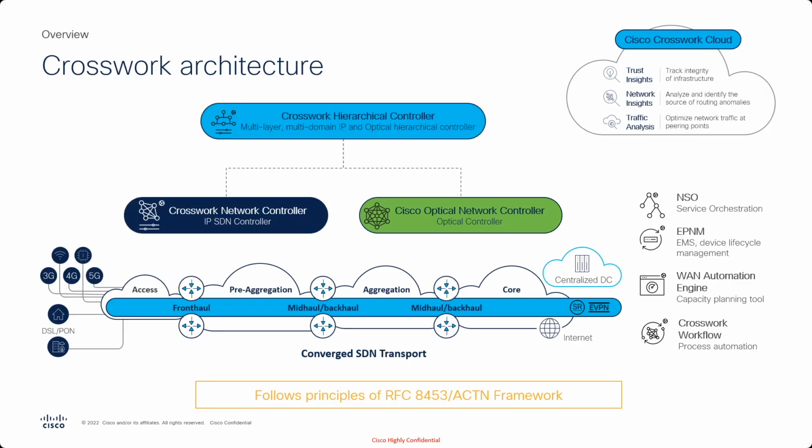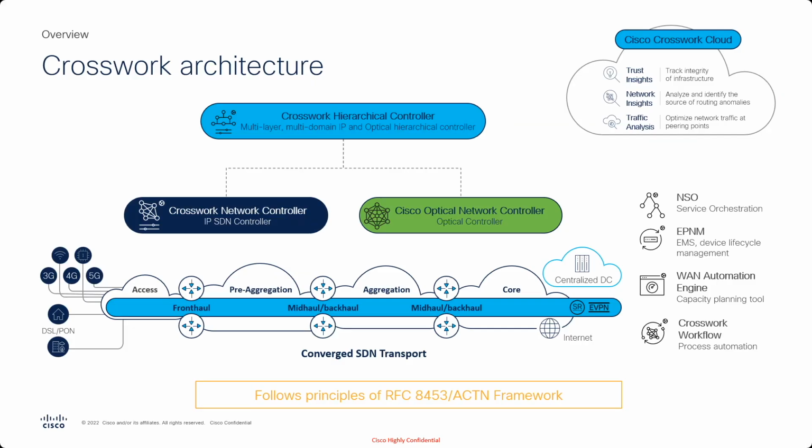So that being said, our architecture is based on two layers. It's a layered architecture. We have domain controllers. For instance, we have an IP domain controller, which in Cisco we call the Cisco Crosswork Network Controller. We have an optical domain controller, which is the Cisco Optical Network Controller.